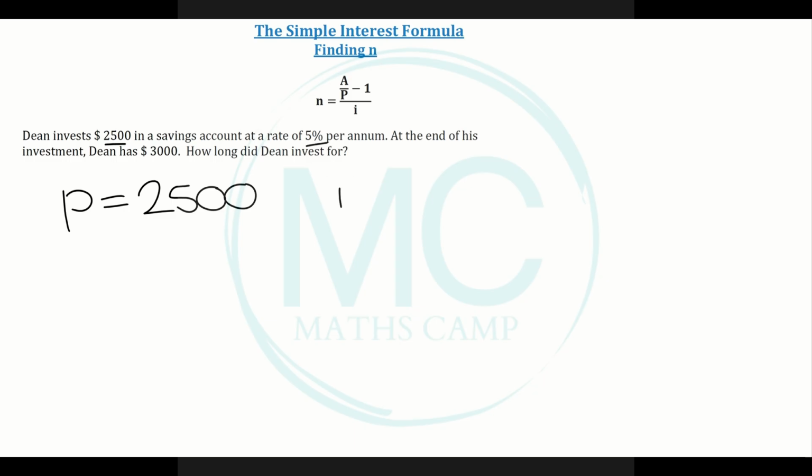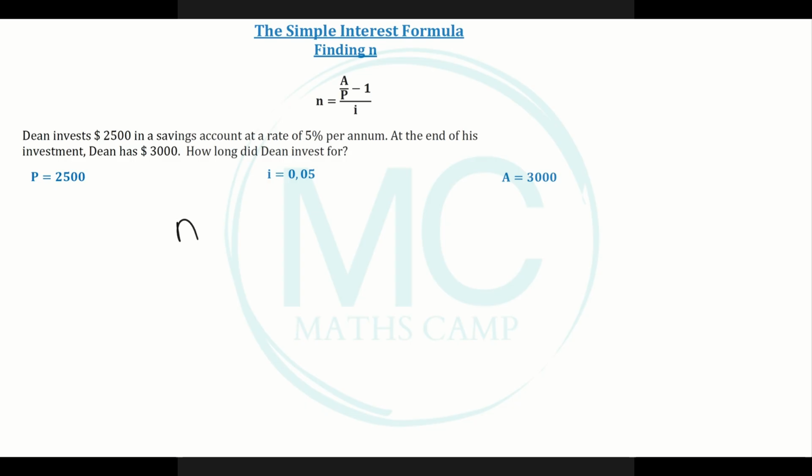So to find I, we say 5 divided by 100, and we get 0,05. At the end of his investment, Dean has $3,000. This is the accumulated amount. So A is equal to 3,000. Now that we have these values, let's put them into the formula.